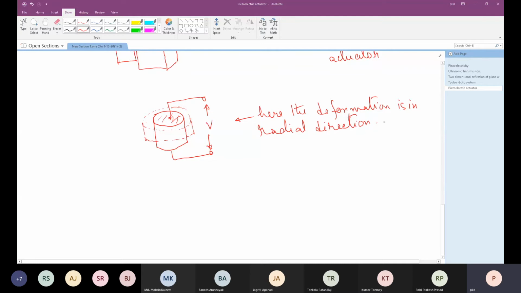Also there is deformation in length, due to change in length. However, the electrodes are deposited in this direction. So usually the vibration in the radial direction is taken for actuation purpose.